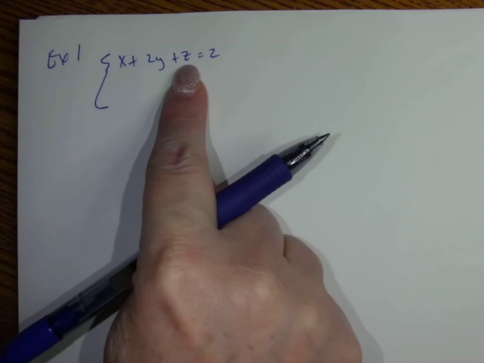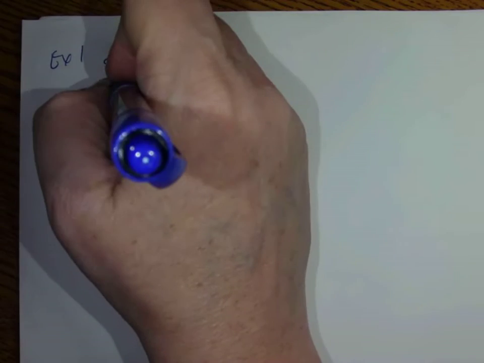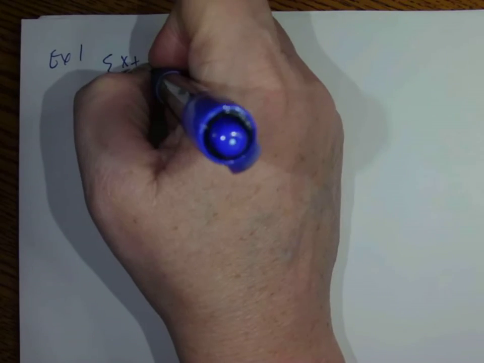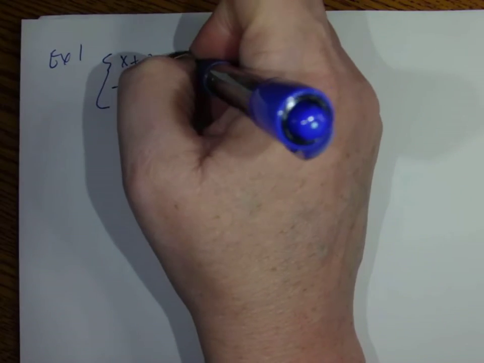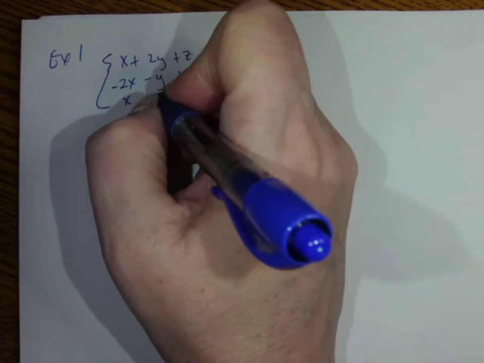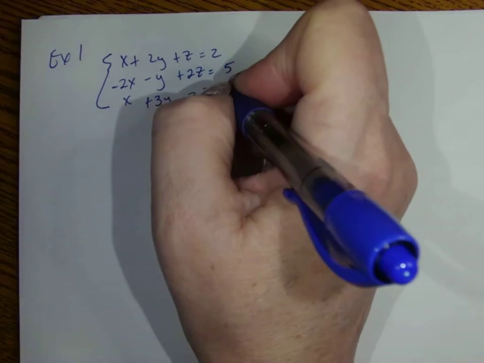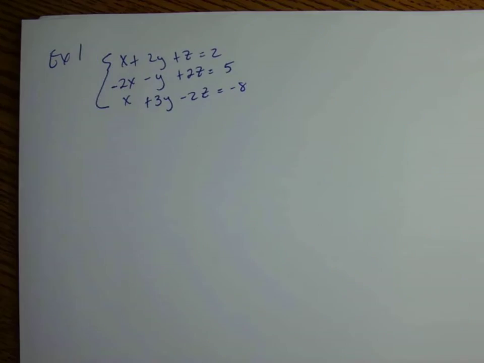I will put a line in my z so you can tell the difference between when I write a z and when I write a 2. Negative 2x minus y plus 2z equals 5. And x plus 3y minus 2z equals negative 8.